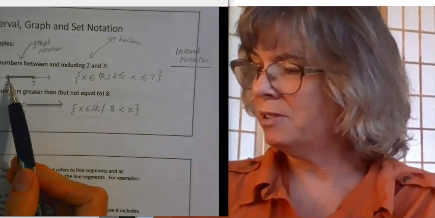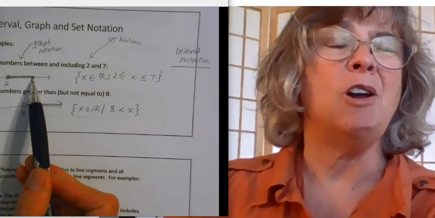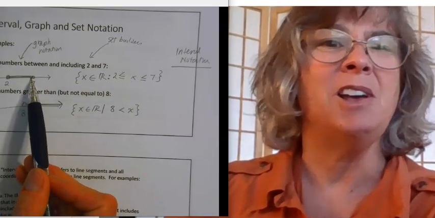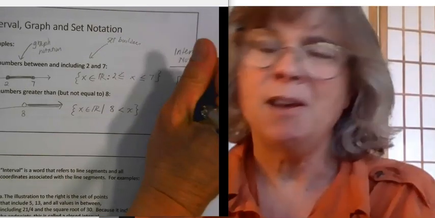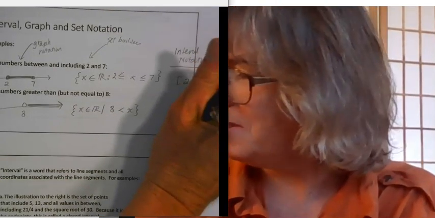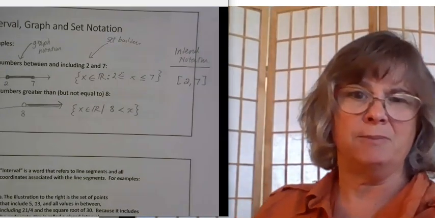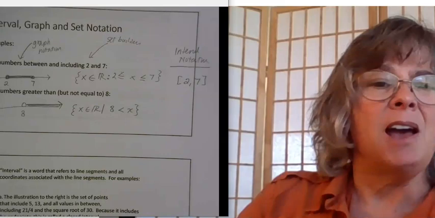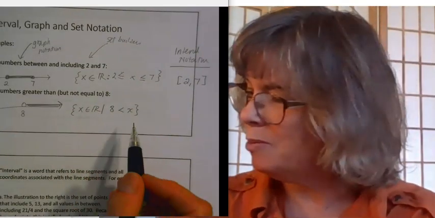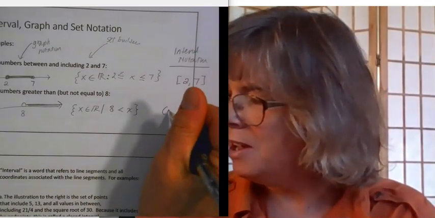So this is a closed interval. I'm going to express it with brackets, 2 to 7, and I always have to have the lowest number first. So then the question is, how do you represent an open interval when you don't want to include, say, the 8? There's where it begins.